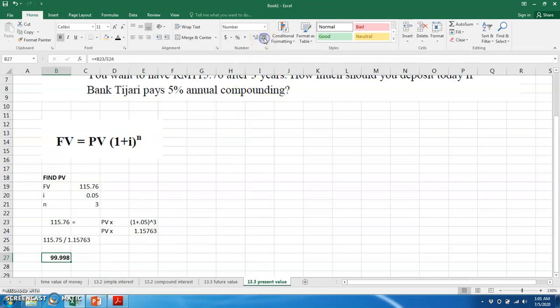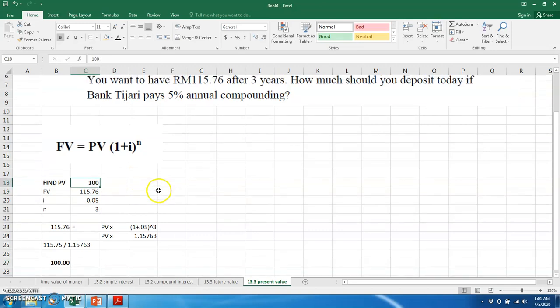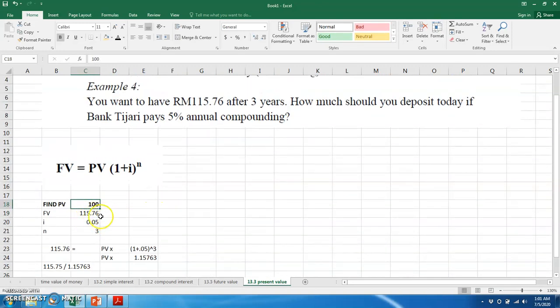So let us see. The present value is 100 ringgit. Meaning if you want to get 115.76 ringgit in the future, after 3 years with 0.05 interest, you need to put your money, 100 ringgit, today. Understand? So that is all for today, lesson 13.3. Thank you.